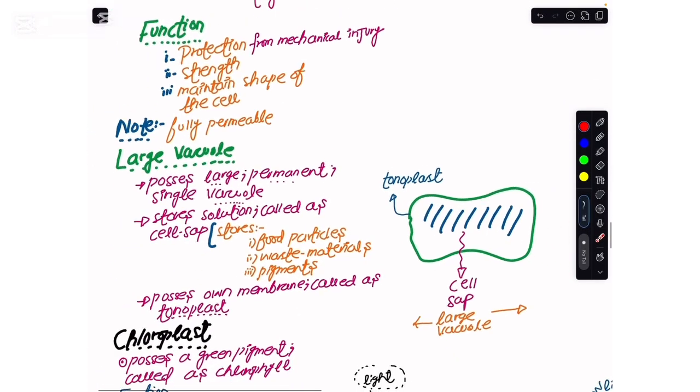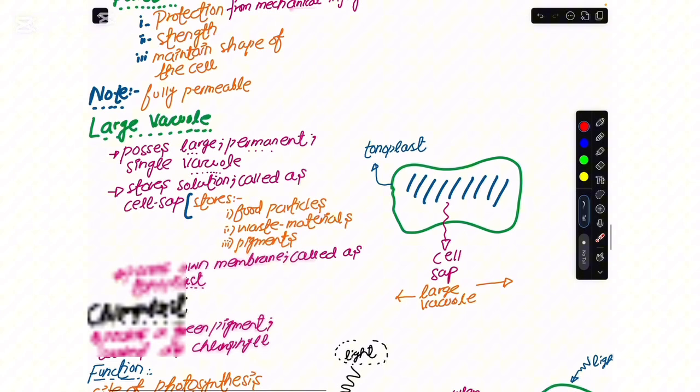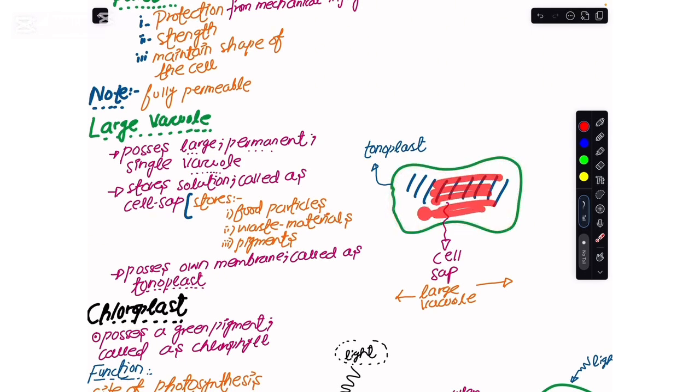Now, guys, here we have this large vacuole to discuss, and as I mentioned in the previous diagram, the large vacuole has its own outer membrane, and that is the tonoplast. The solution that we have within the large vacuole is referred to as the cell sap. The cell sap and the tonoplast collectively make the large vacuole, and this is permanent, and there would be one.